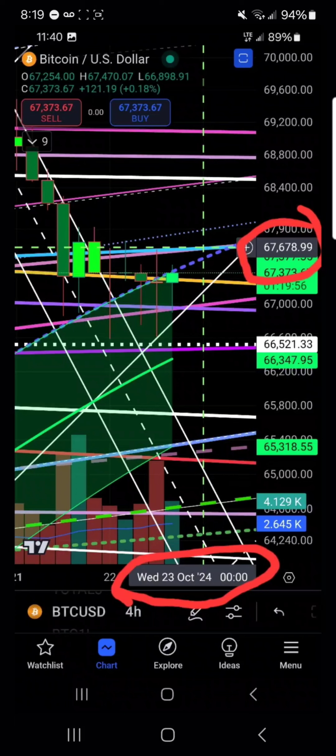Now, of note, all the other depictions of the channel that I've had have been exact clones of that original channel, but squeezed in or out a little bit, or moved up or down a little bit to touch various other contact points. The one exception is this pink line that you see at the top of your screen in this snapshot.